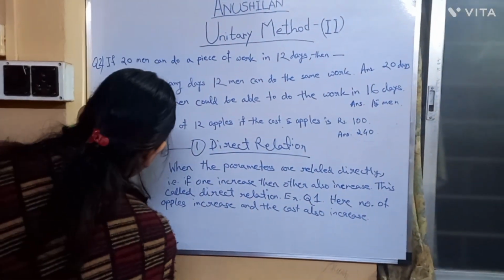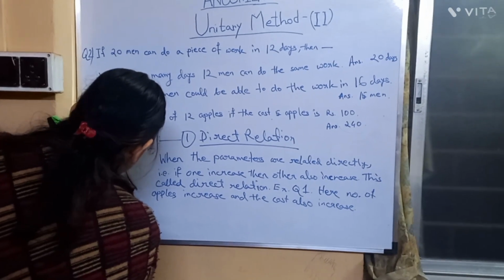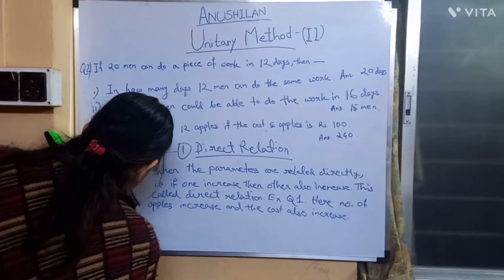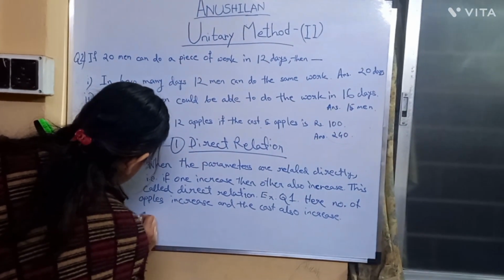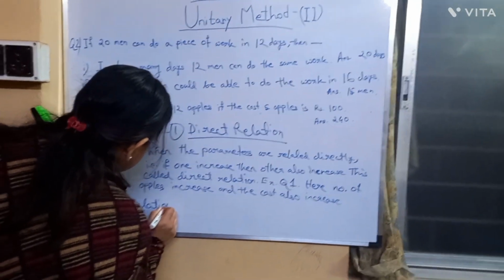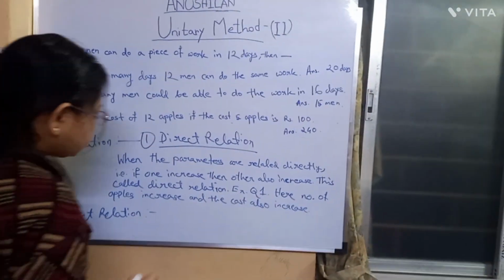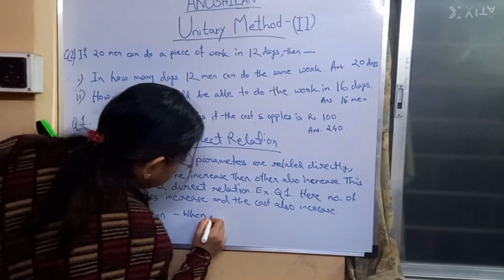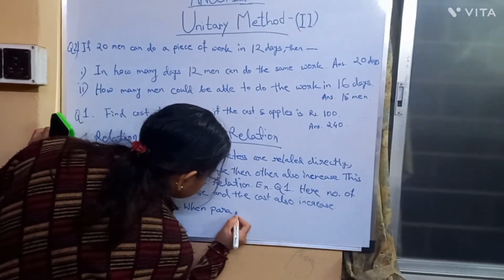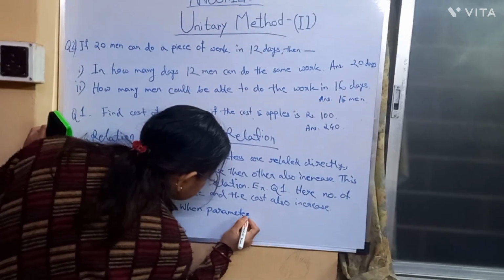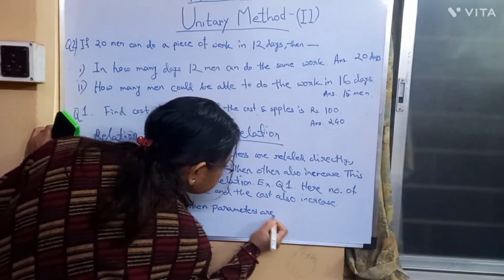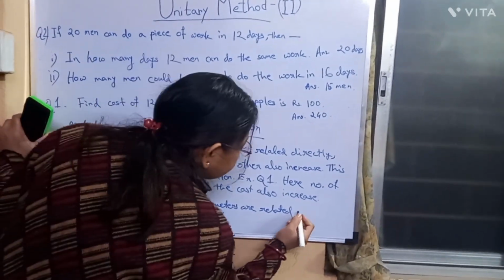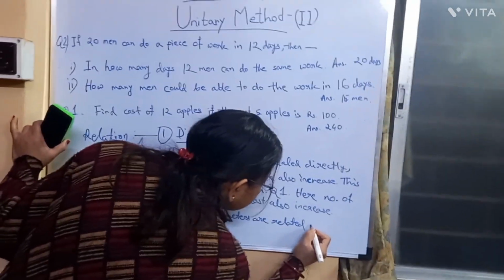Okay. Indirect relation: when the parameters are related inversely.